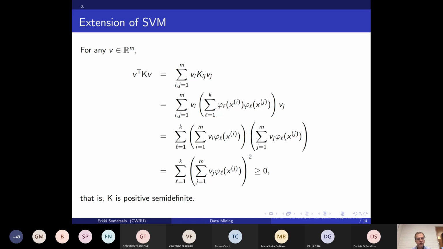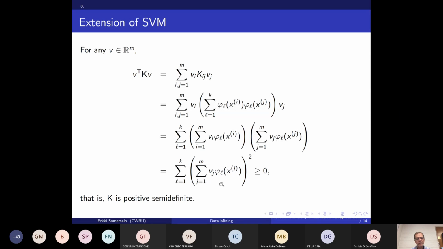And so we see that this K matrix defined by using this kernel function is a positive semi-definite matrix. A positive semi-definite matrix, recall, is exactly a matrix for which v transpose K v, for v non-zero, is always positive or zero.